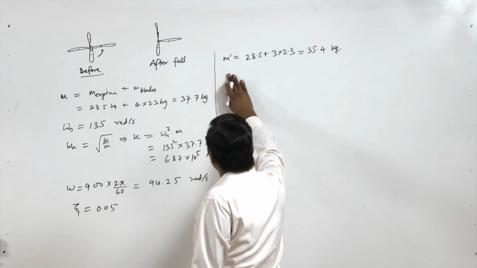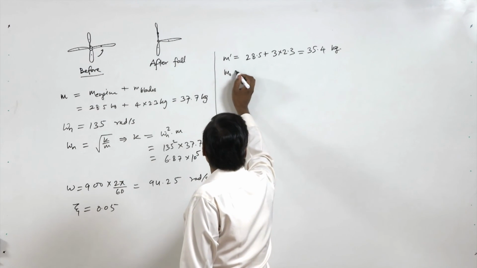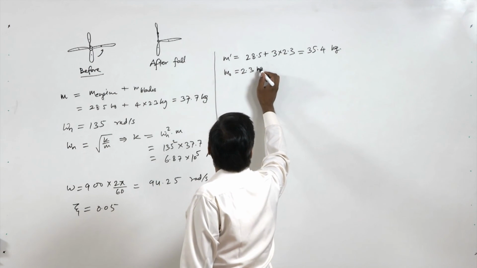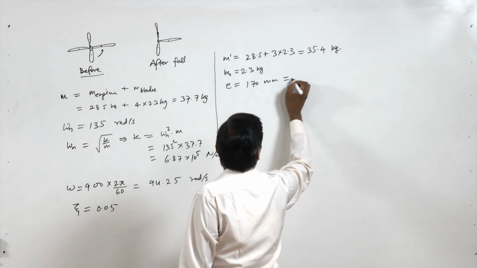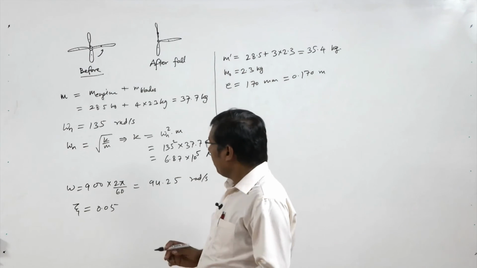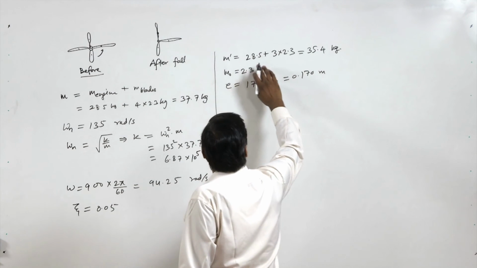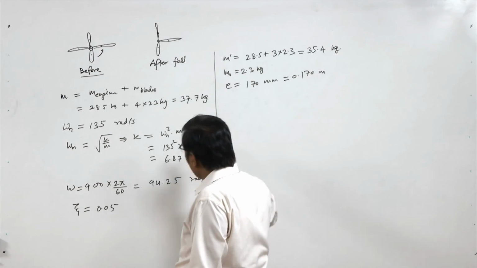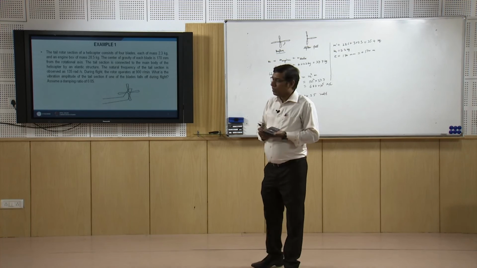This is the mass of the system. Now the unbalanced mass, m0, is equal to 2.3 kg and e equal to 170 mm, that is 0.170 meter. This is the total mass, and this is the unbalanced mass. This is the distance of the center of gravity of that unbalanced mass from the axis of rotation.